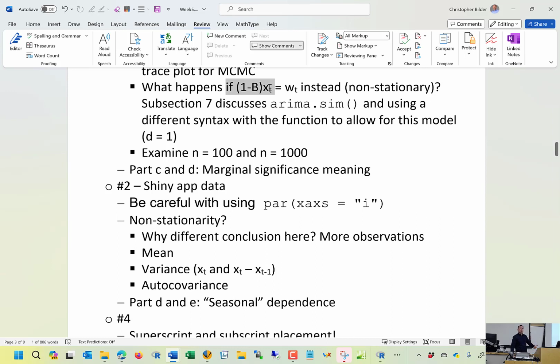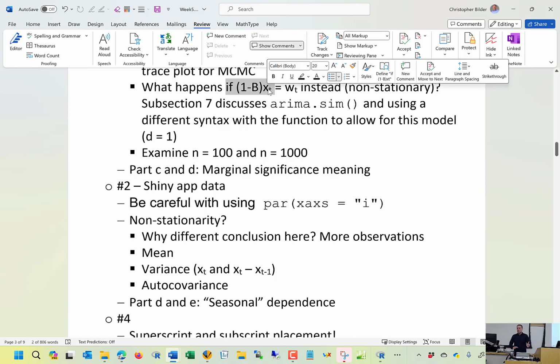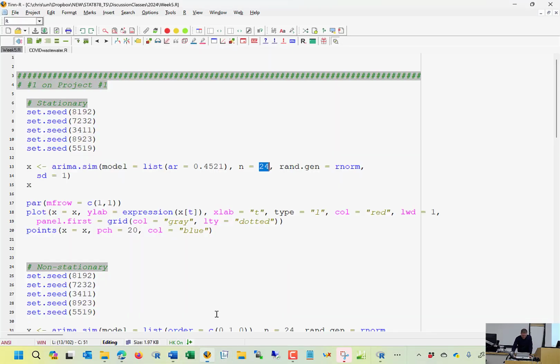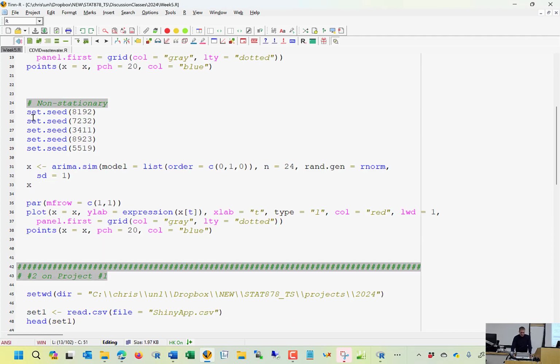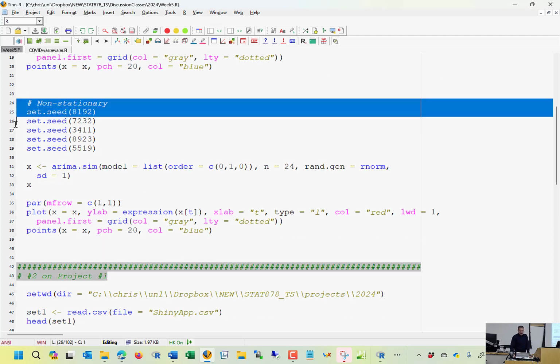In subsection 7, if this is a little bit unclear, which is for the next set of notes, this will be a little bit more clear because we're going to be talking about this kind of aspect more. But just believe me for now, I'm going to generate some data that's non-stationary. Okay? So, all I did was randomly pick some seeds.